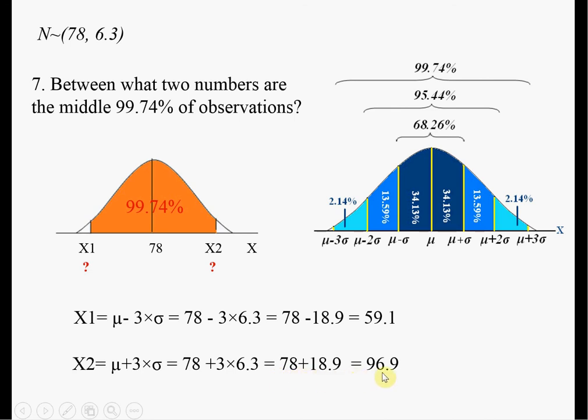That gives us 96.9. So these two values give us x1 and x2. Again, we use characteristics of normal distribution to help us find the answer to this question.